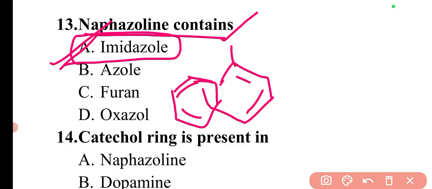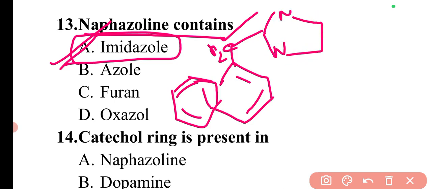At this position we will have a CH2 group, and this carbon is attached to an imidazole ring. So N, N, and here it will be this group. This will be a double bond, and here N will be attached with a hydrogen atom.